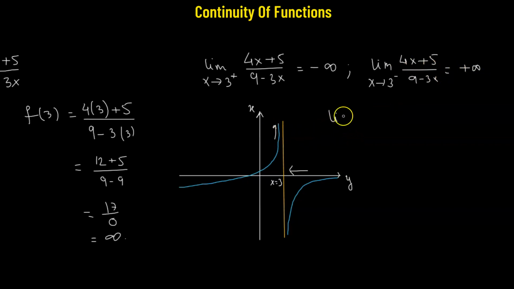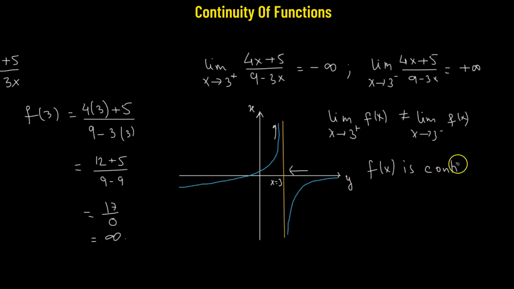So clearly the right hand limit is not equal to the left hand limit. So we can say our function f of x is continuous everywhere except at x equals 3 where it is discontinuous.